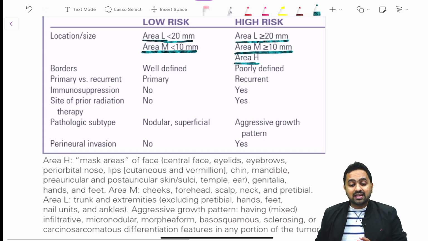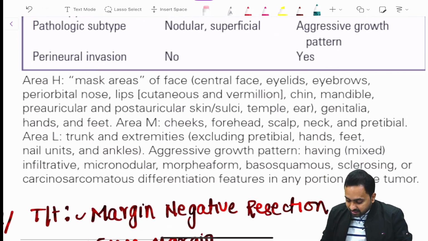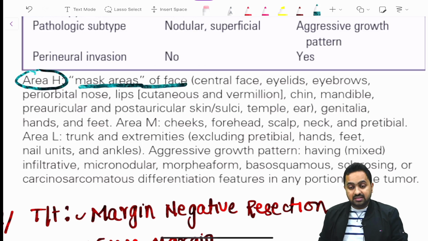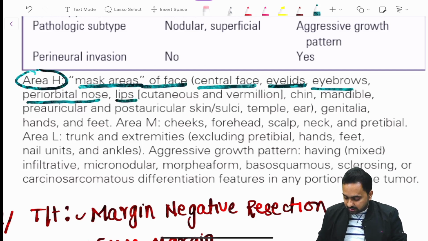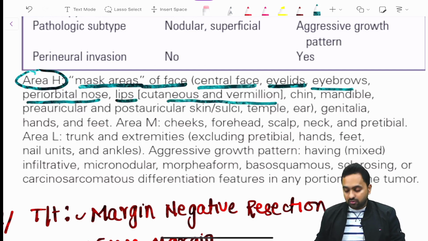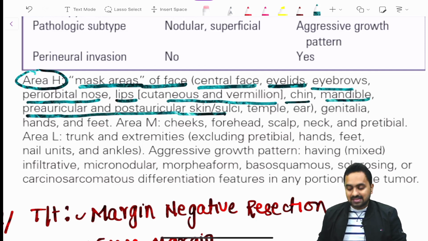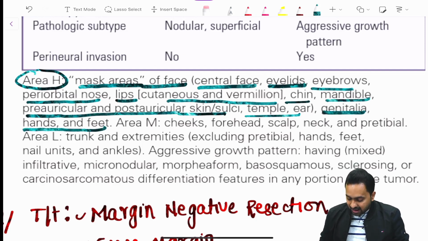So, what are these areas H, L, and M? If you look over here, area H, these are mask areas of face, that includes your central face, eyelids, eyebrows, periorbital, nose, lips, cutaneous and vermilion, chin, mandible, preauricular and postauricular skin, sulci, temple and ear, genitalia, hands and feet.